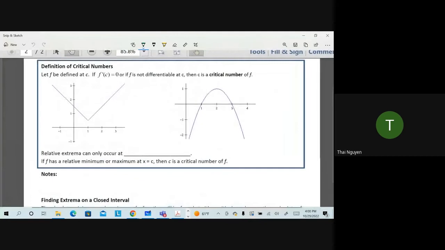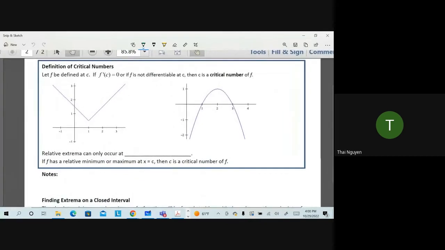So let's go into defining the critical number. All right. The critical number is defined when f prime of c equals 0, or f prime of c is not differentiable, which is DNE. Then c is a critical number. You can see that on the left side, f prime of 1 equals DNE.